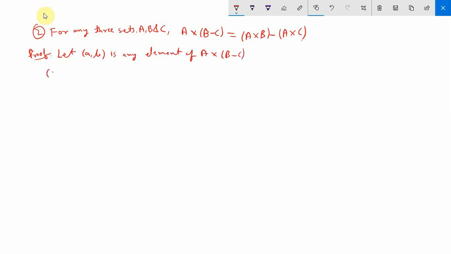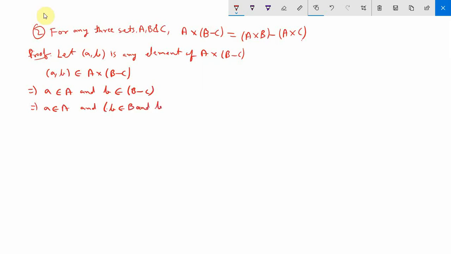So we can write (a, b) is an element of A × (B − C), and this we can write as a is an element of A and b is an element of set B − C, and this can be written as a is an element of A and b is an element of B and b is not an element of C, as it is B − C.